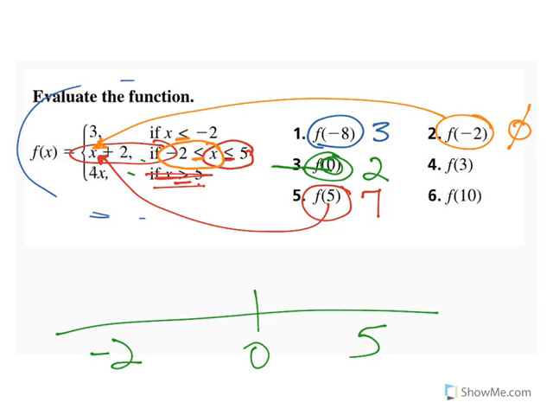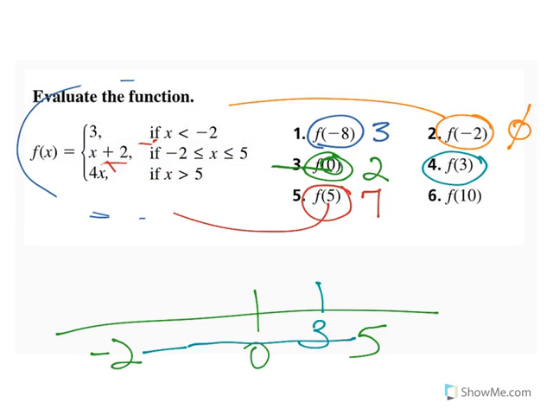And then 3, well, last time I checked, 3 is between negative 2 and 5. It's going to be like right here, right? So that means, hold on, let me erase some of this. So that means we're going to use this one because it's between negative 2 and 5. So 3 plus 2 is 5. Okay.